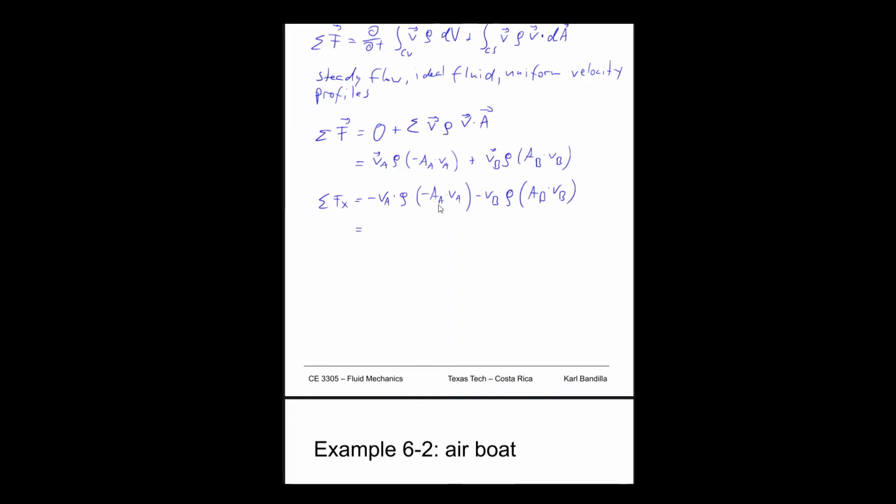So the negative sign here and the negative sign there cancel out, so we'd have VA times rho times Q, minus VB times rho times Q, which means we can pull out the rho and the Q, and then we're left with VA minus VB. And of course all of this has to be equal to the sum of the forces, right?